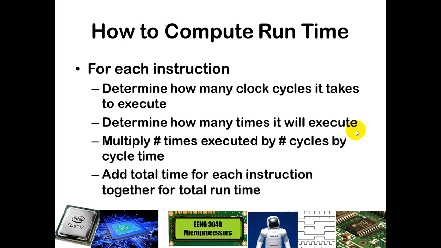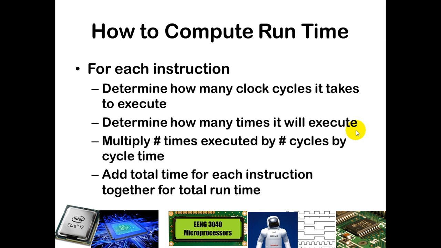So how do we figure out the runtime? Well, it's simply a matter of bookkeeping. What you're going to do is look at all the lines of code and determine, based upon the table, whether those commands are 1 clock cycle commands or 2 clock cycle commands. Then you want to think about how many times each of those lines of code will execute. A lot of times code will only execute 1 line at a time and then it's done.